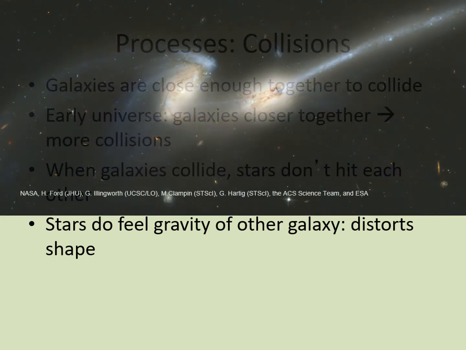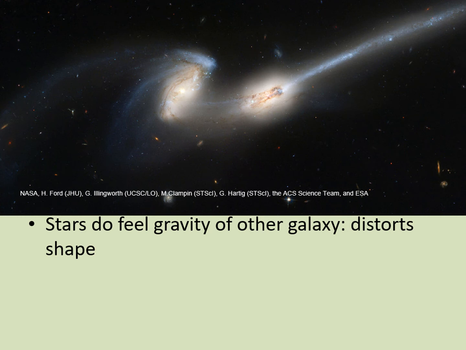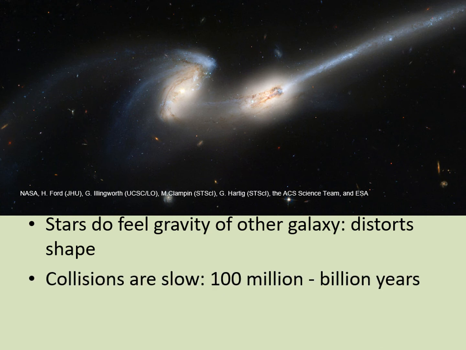This shifting gravitational pull distorts the shapes of both galaxies, especially if they're close to the same size, producing weird shapes with long tails flung out into space. Galaxies may be moving towards each other at hundreds of kilometers per second, but the tremendous distances involved mean that galaxy collisions are incredibly slow.